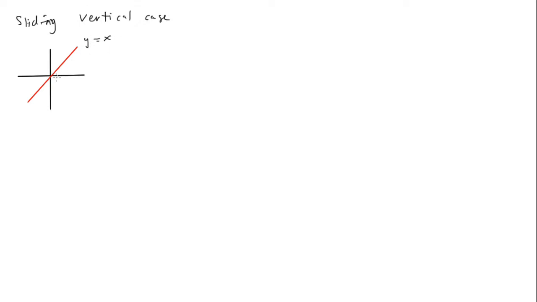Okay, so if we want to move this up or down, it's very simple. So our original function here is just the function x. So to shift up, use y equals x plus c for c positive.